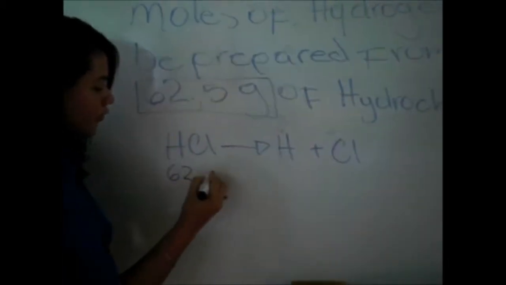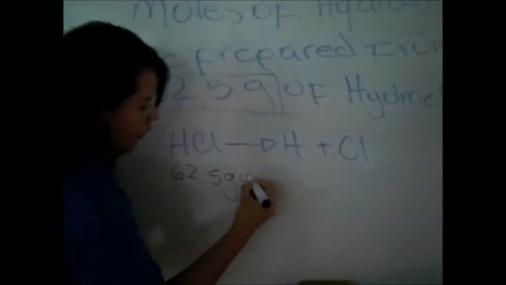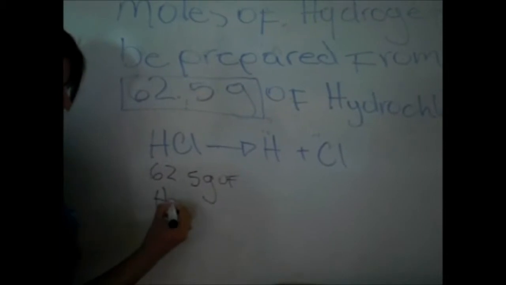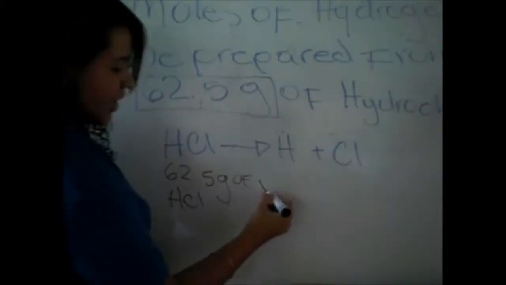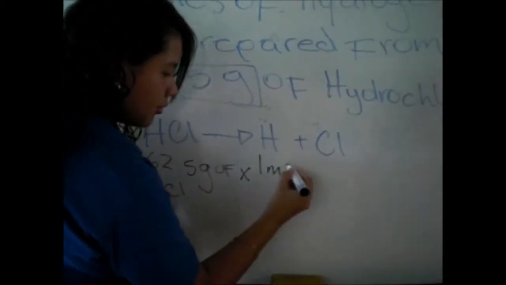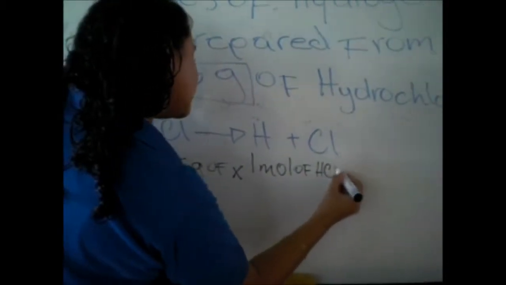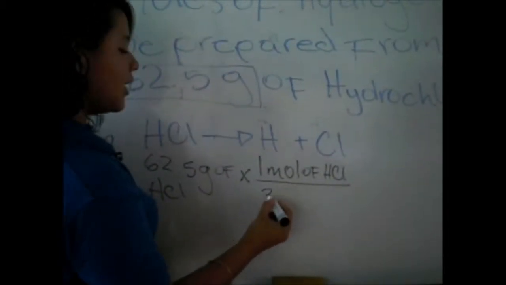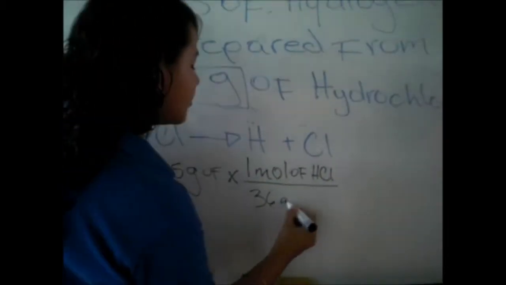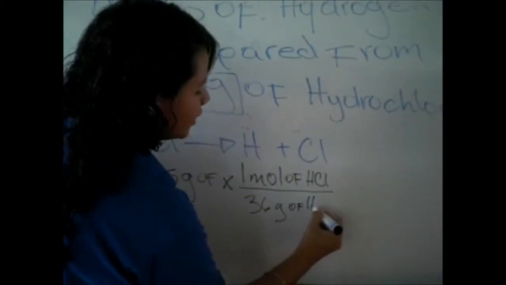So you go and you put 62.5 grams of HCl times 1 mole of HCl divided by 36 grams of HCl. Why 36 grams?